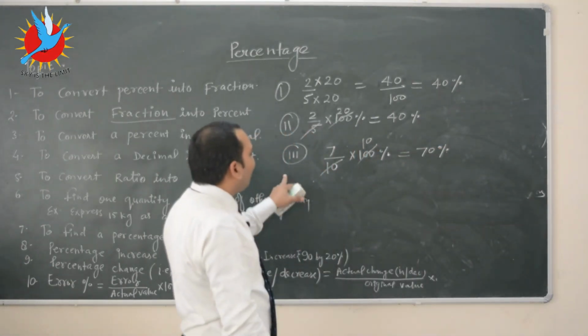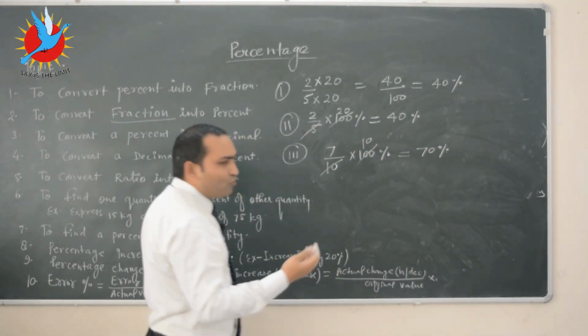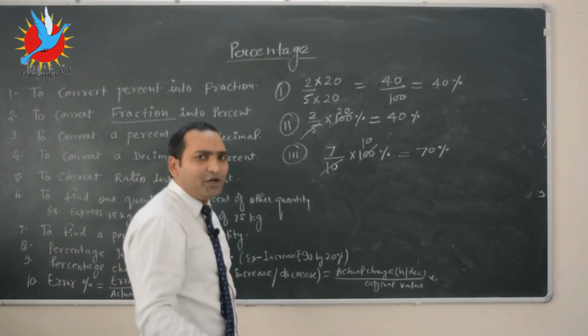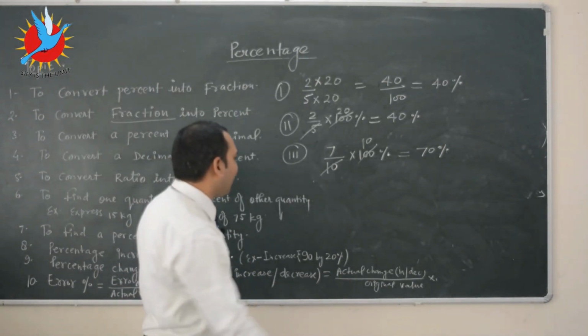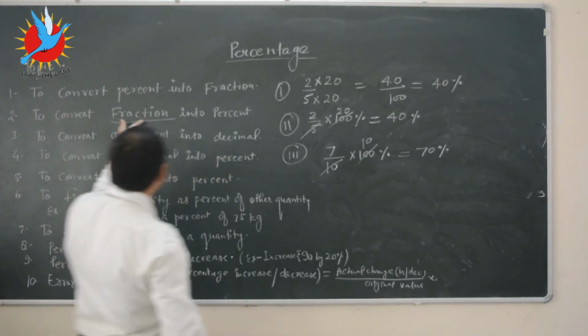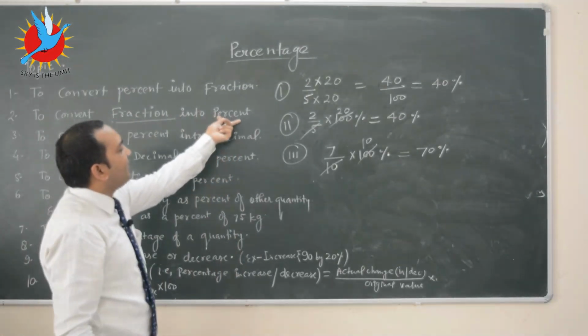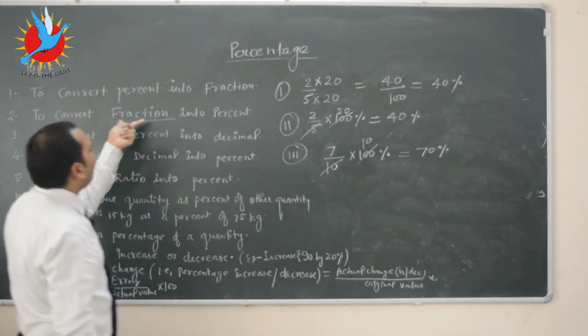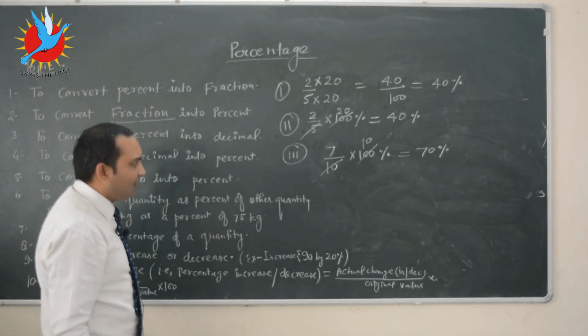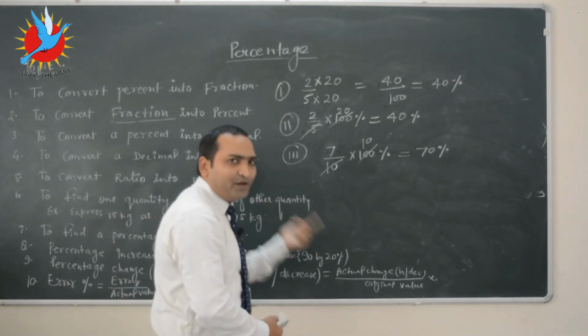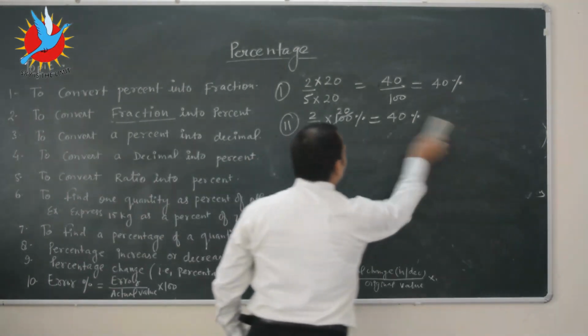Similarly, when we want to convert any number into percentage, we just multiply by 100%. So it is clear that to convert a fraction into percent, we just multiply by 100% or make the denominator 100.